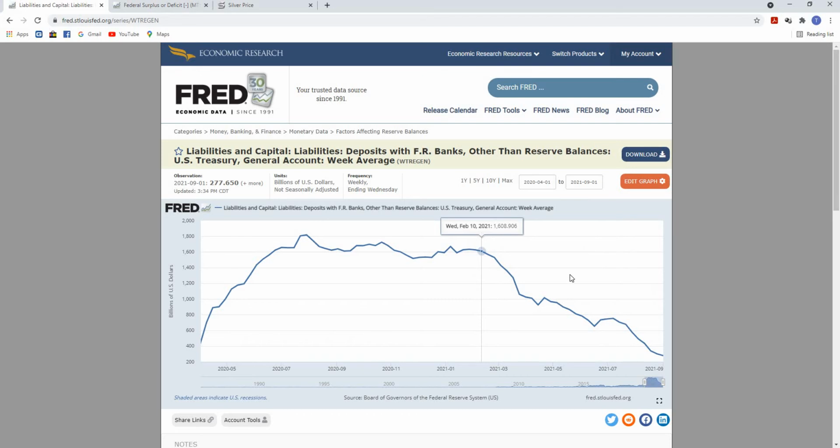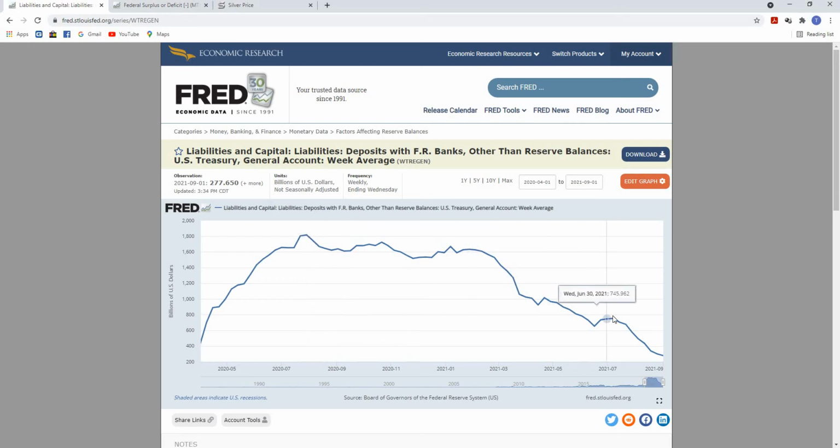Now, in the past several months, we've been seeing a drawing down on the General Treasury Account. It first exploded upward with the initial passage of the stimulus bills in 2020, and it has been trending downward ever since then. What that means is that essentially the government is spending more money than it's taking in, even through levying in more debt. It's been levying less and less debt versus its expenditure programs because it borrowed such huge amounts up front.